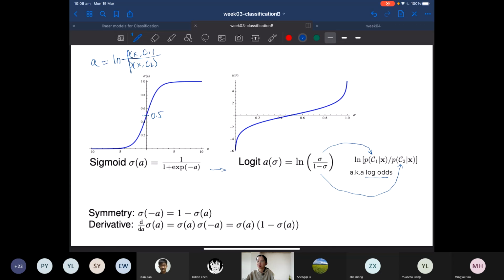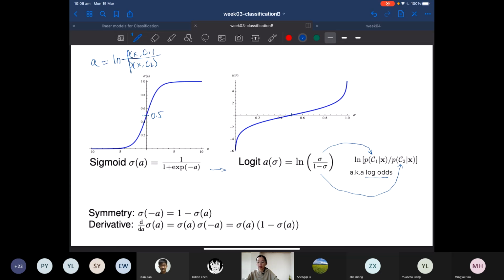Right, so that's interesting. The input to the sigmoid is the log of the joint probability between data and labels, and now we also have a quantity representing the ratio of log posteriors. What this means is that the log of posteriors is 0 when the two classes are equally likely.